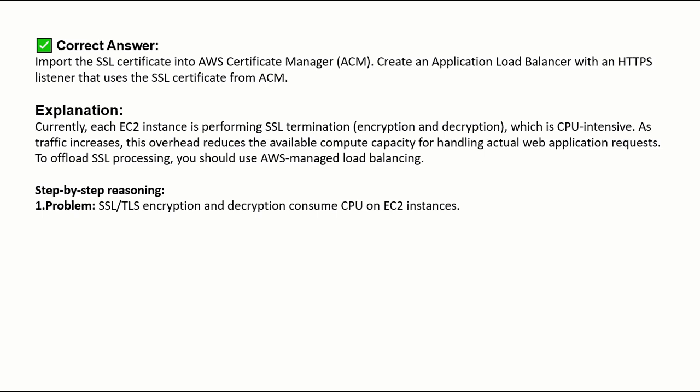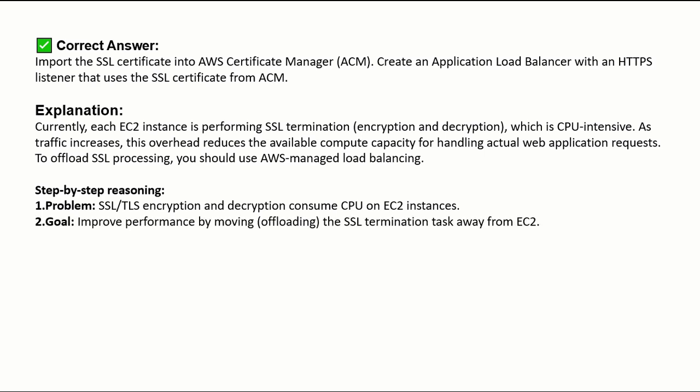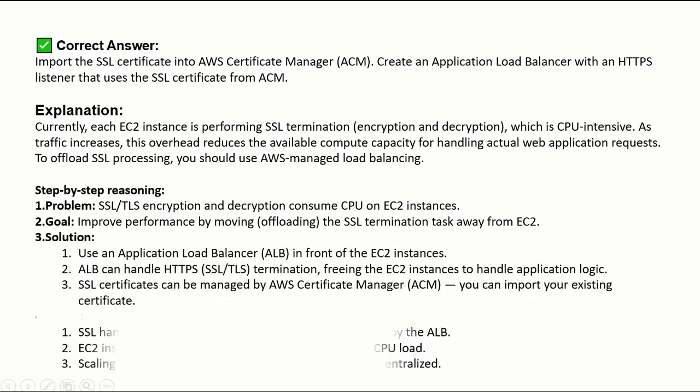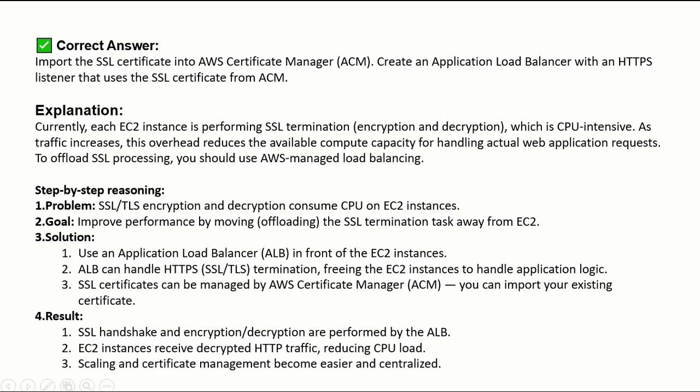So let us see the step-by-step reasoning. The problem: SSL/TLS encryption and decryption consumes CPU on EC2 instances. Our goal is to improve performance by moving or offloading the SSL termination task away from the EC2 instances. So what is the solution?